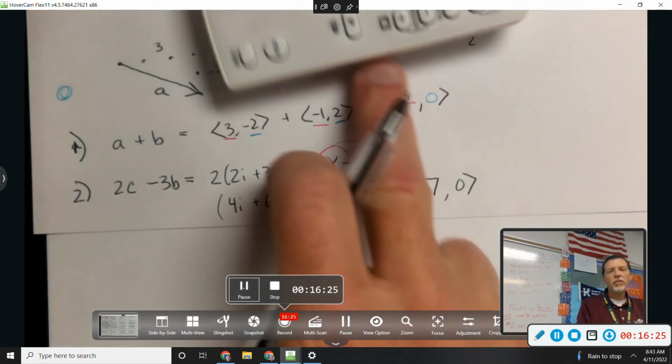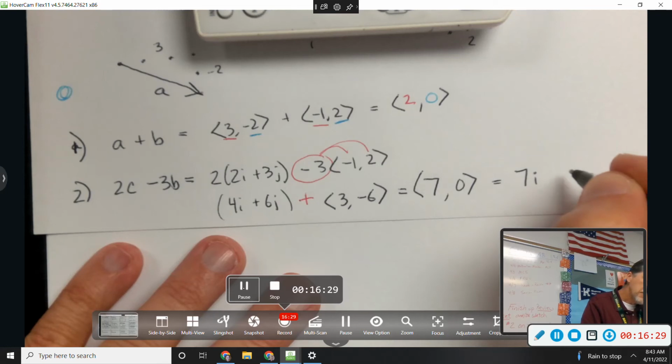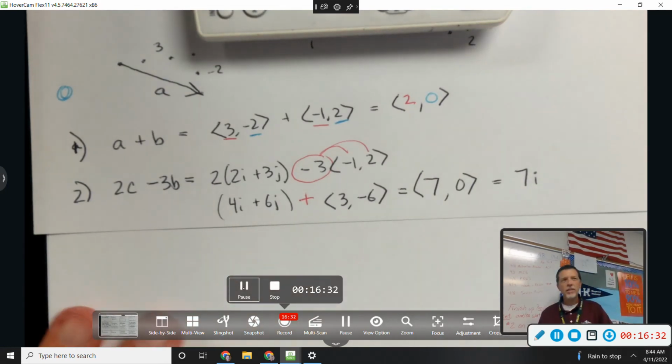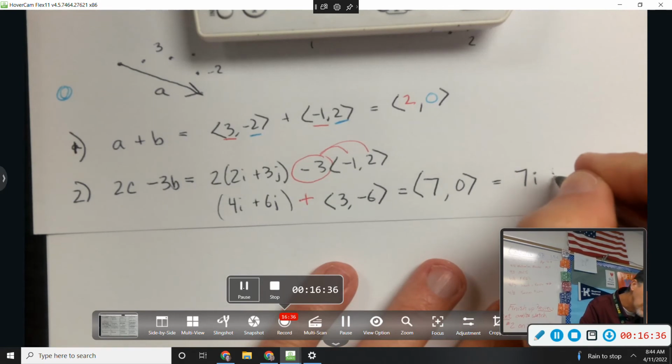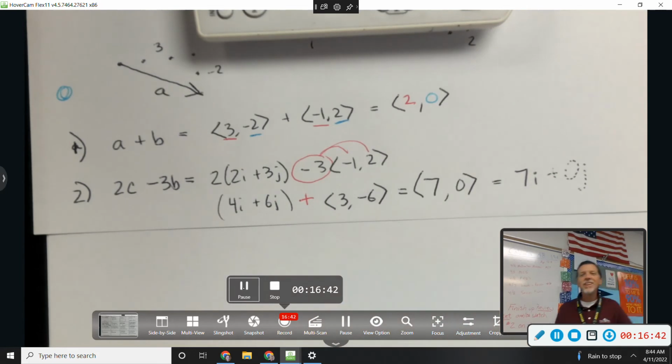If you preferred the ij notation, that would be 7i. You could put plus 0j if you wanted to. The ghost form. You can put a 0j if you like. It sort of emphasizes that it doesn't have a y component.